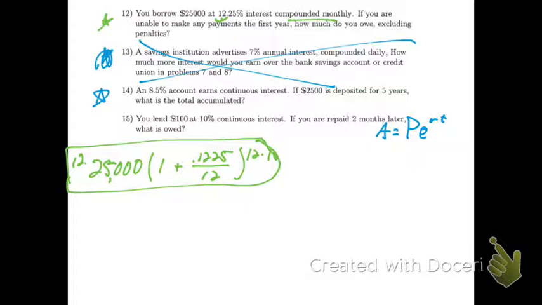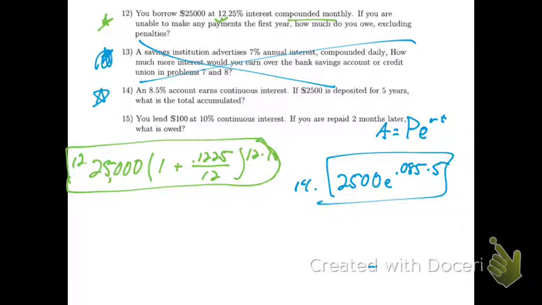So it's going to be $2,500 is deposited for 5 years, and it's at a 0.085 rate for 5 years. So we're going to plug that in for number 14, and that'll give you what you need there. All right. Now, this next one is kind of rough because it's talking about 2 months instead of 2 years. So we're going to skip that one as well.